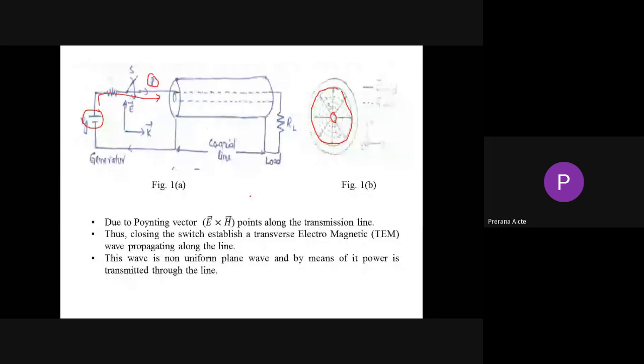Generally, there are TE waves, TM waves, and TEM waves. TE is transverse electric, TM is transverse magnetic, and TEM is transverse electromagnetic wave propagation along the lines.